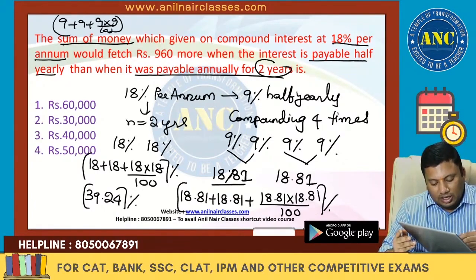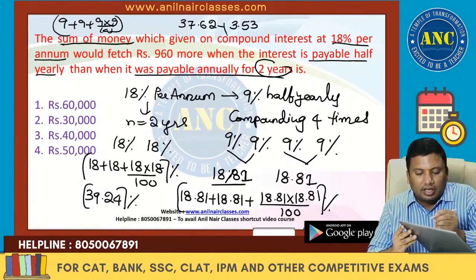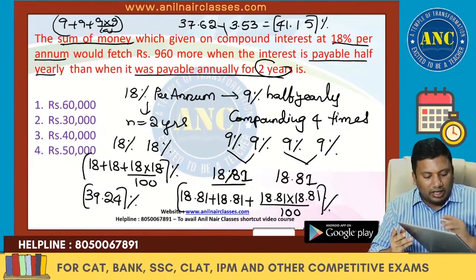These are nothing but 3.53 and 5, so it is 41.15.